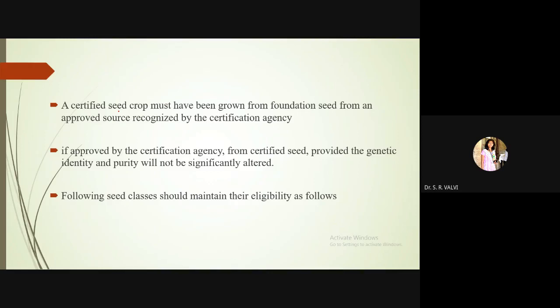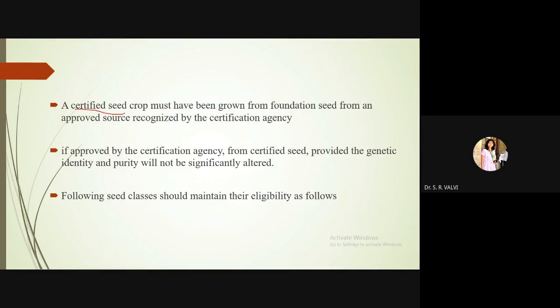All these five seeds I have explained in detail. So please remember the sequence, the classes of seeds, so that you know the progeny of the next seed. So here, certified seed crop must have been grown from foundation seed.